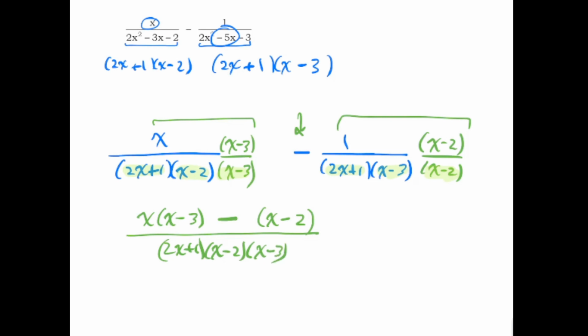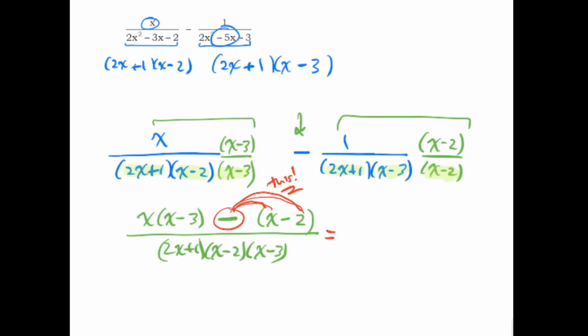Okay. And then once more we enter the danger zone right here. When you're subtracting, this is what you got to watch out for. This distributing effect here. It's important. Okay, don't miss that, please.